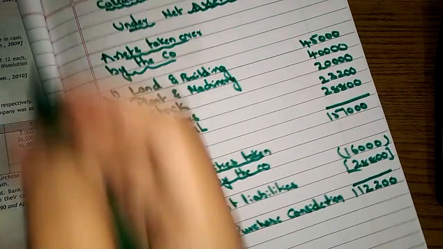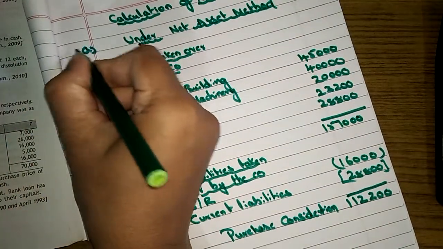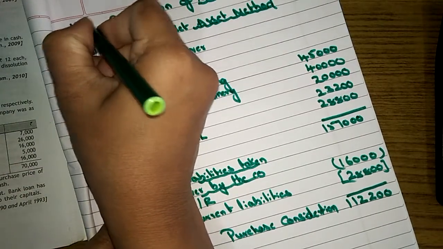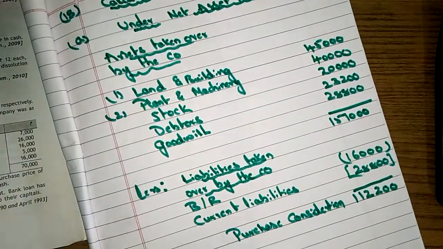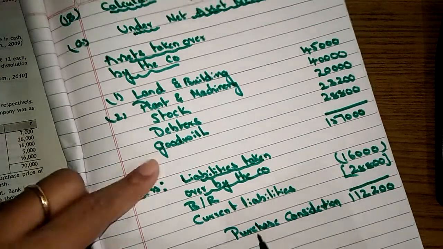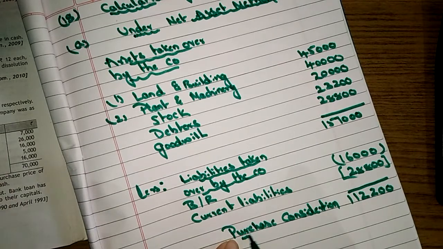So the first step is to calculate how much purchase consideration the company has to pay the partnership firm. So we are done with this.